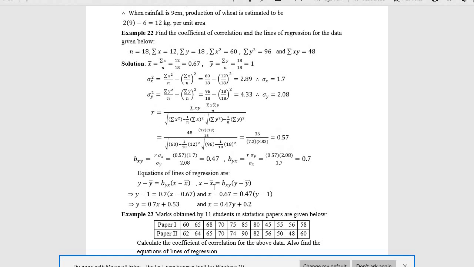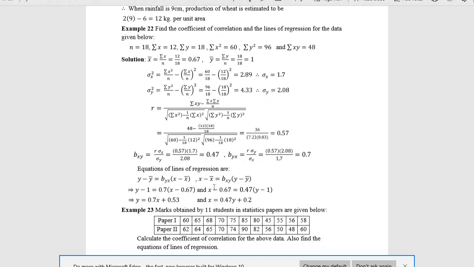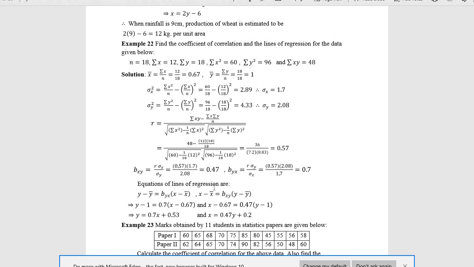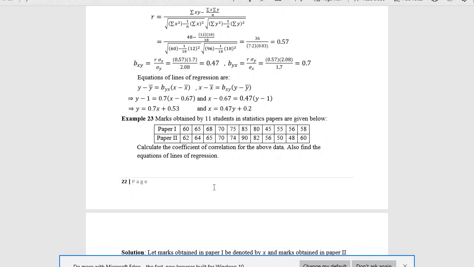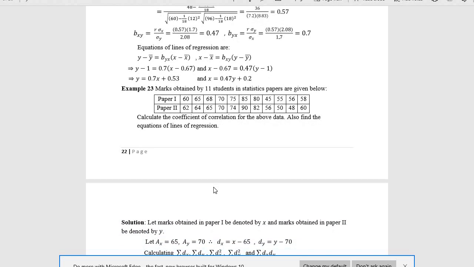So the important thing is which one is x on y and which one is y on x, as I said already. It depends upon the values of byx and bxy, which satisfy bxy into byx is equal to r squared. R must lie between -1 to +1, both are included. That point must be noted. Whatever the signs of bxy and byx are, the R value will have the same sign.